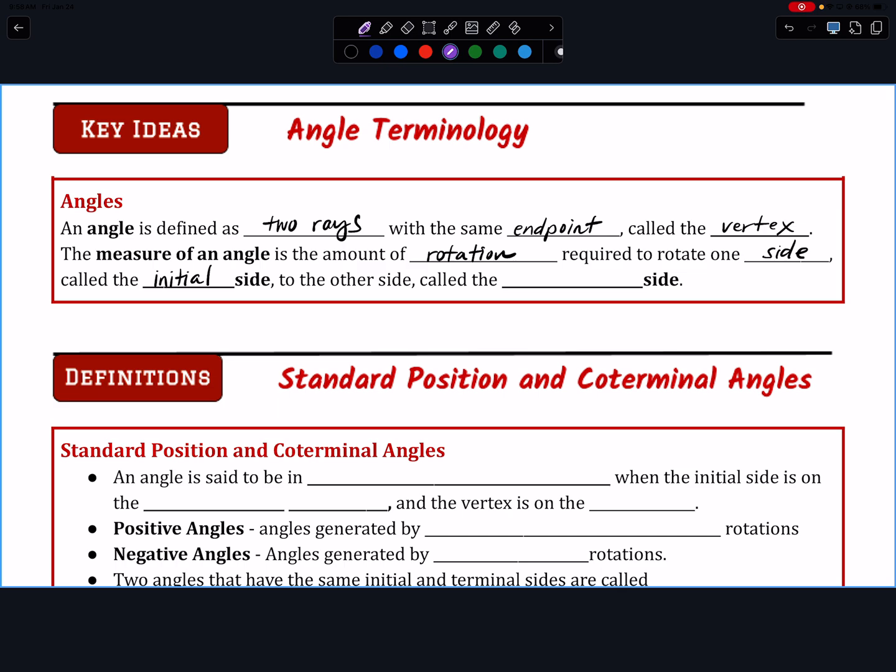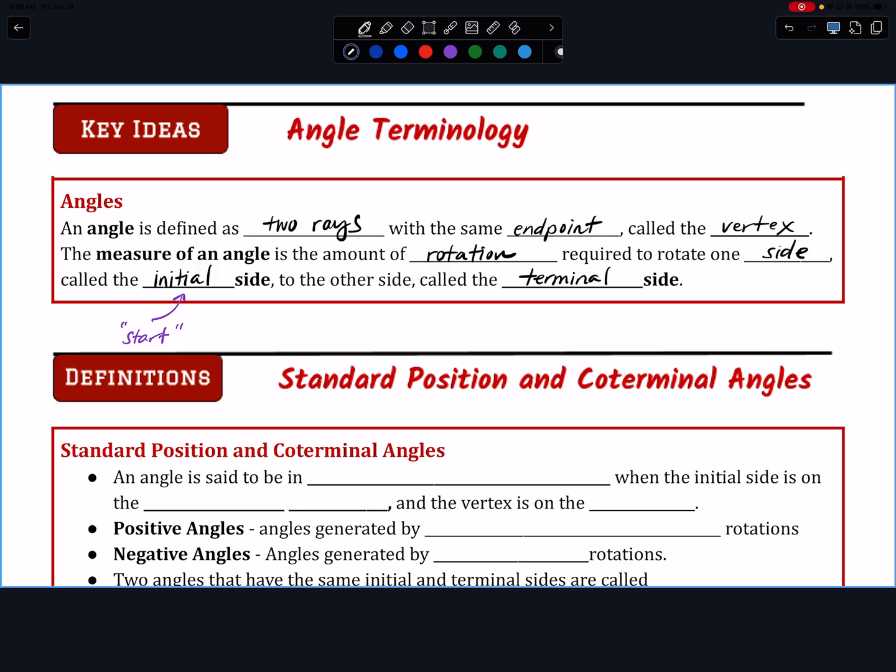What's another word for initial? First, or like when something begins, right? So like the starting side. So this is like the start. Okay. To the other side called the terminal side.